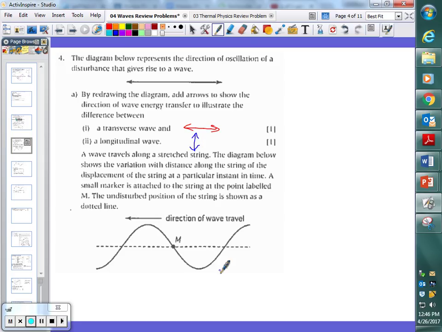Sorry, we're backwards. Does that make sense?